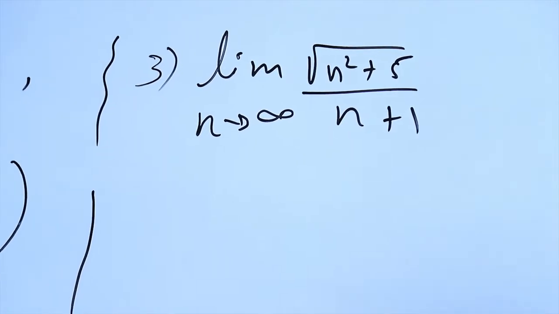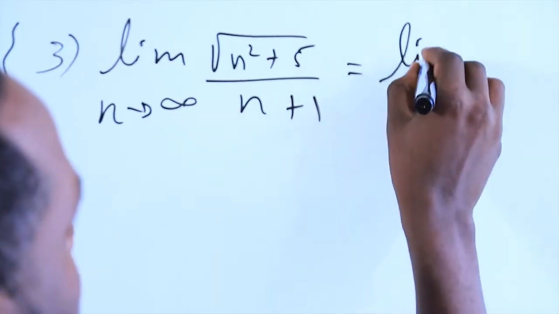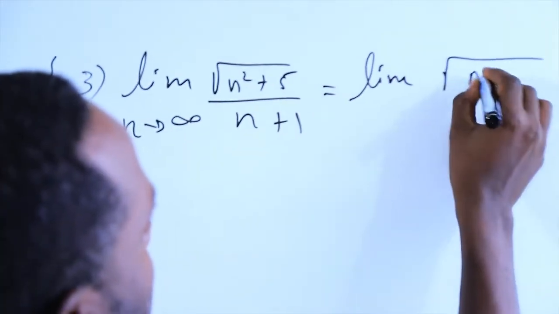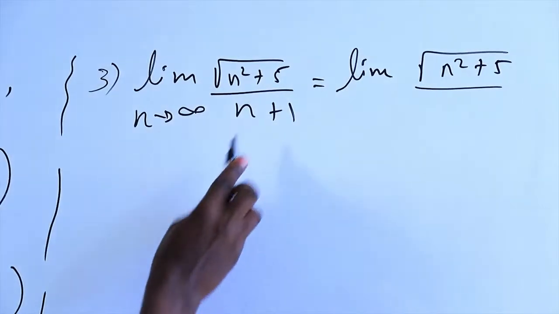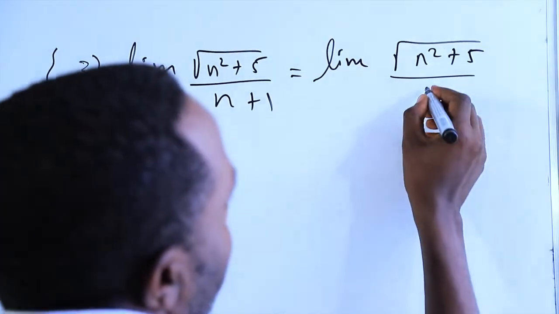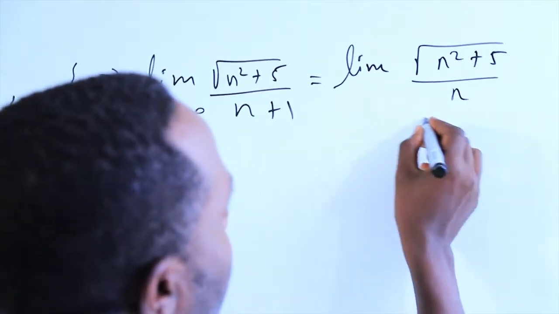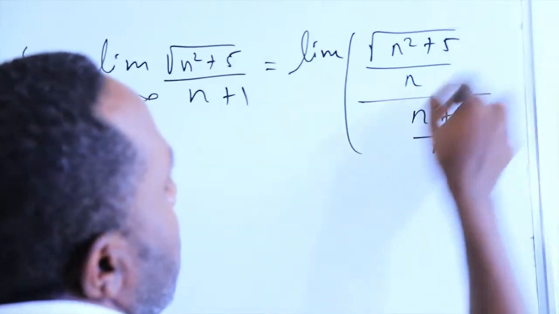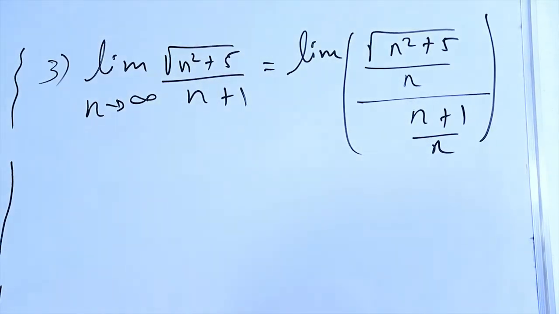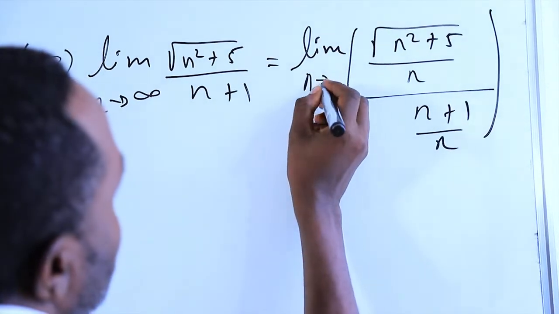So this is exactly equal to the limit of the square root of n squared plus 5 over n plus 1. We can observe the numerator part, since it is n, so we can divide this by n over the whole over n plus 1 by n, in every term, as we did before, as n approaches infinity.